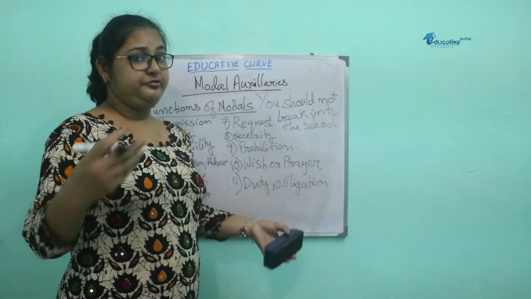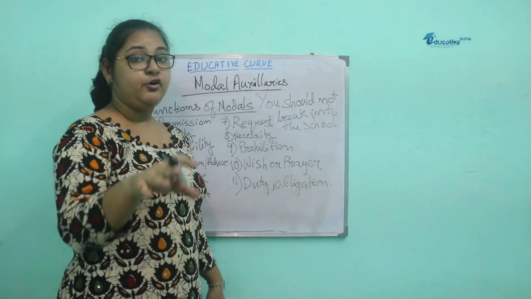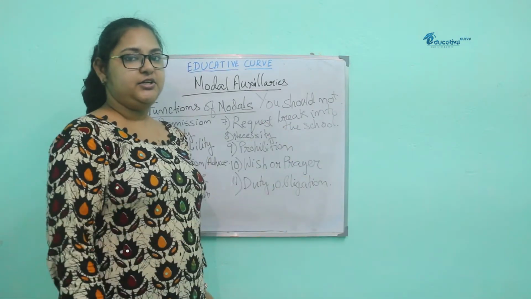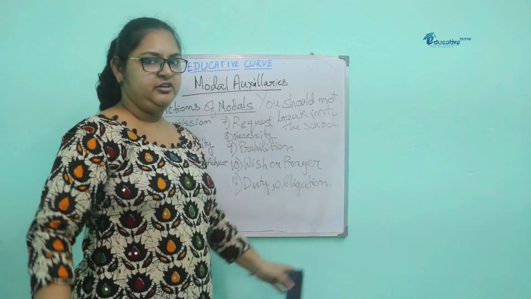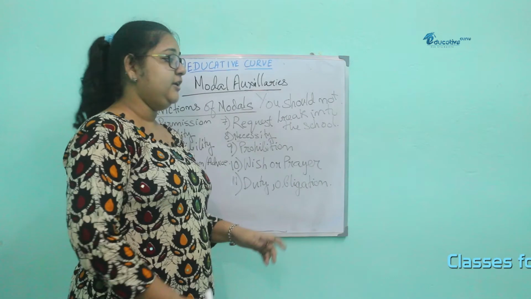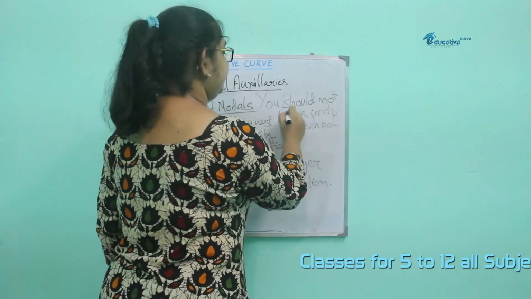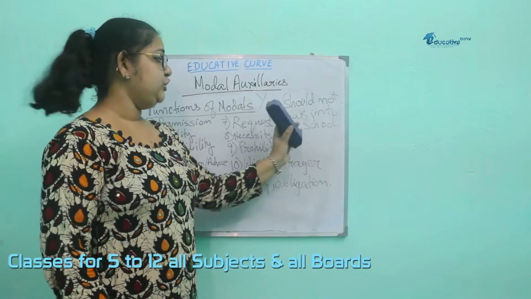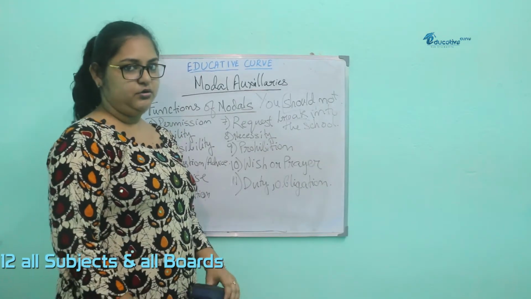Suppose you and your friends decide to play a prank on the school and decide to break the school gates and enter the school at night and do some vandalism. But you should not break into the school. This should is telling you that breaking into the school is prohibited, it's bad and it should not be done.